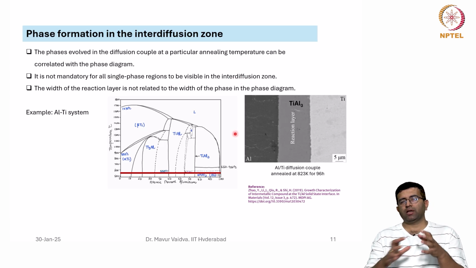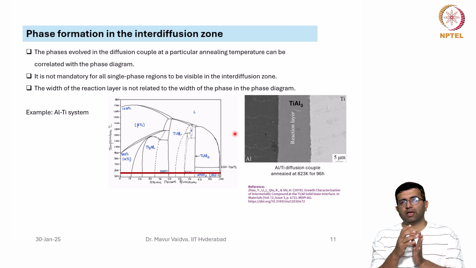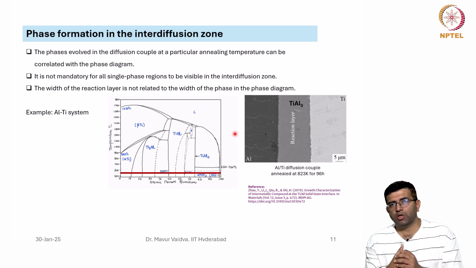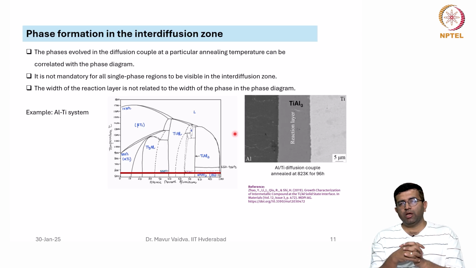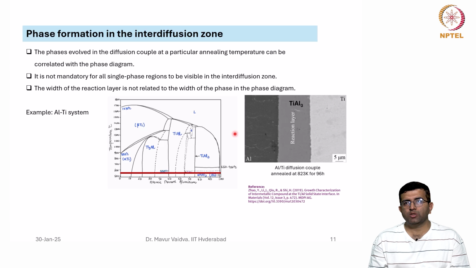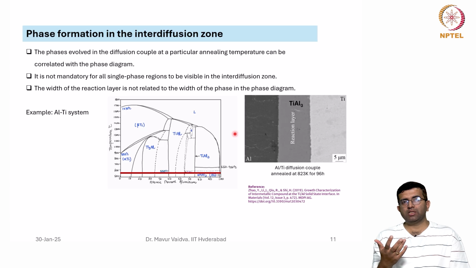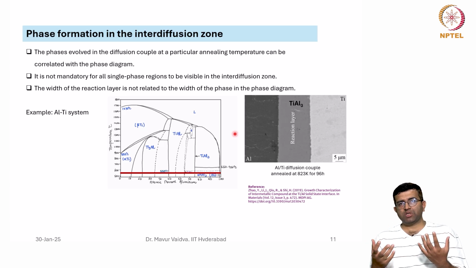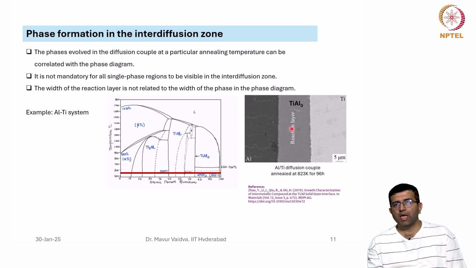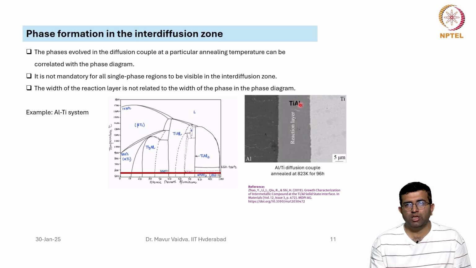We saw that the maximum number of phases that can form in a region in the interdiffusion zone, P, is actually equal to C minus 1. So, if it is a binary, you can have only a single phase region here and so on. But not all the single phase regions have to be visible. This example itself shows that in aluminum titanium you have several single phases possible, but what you see in the reaction layer is only TiAl3.